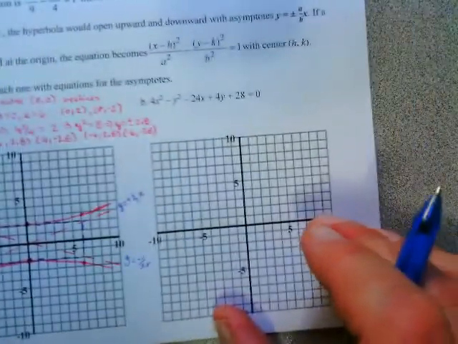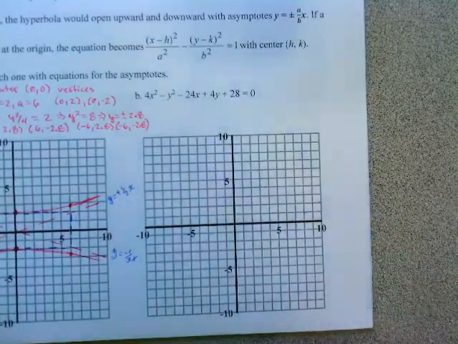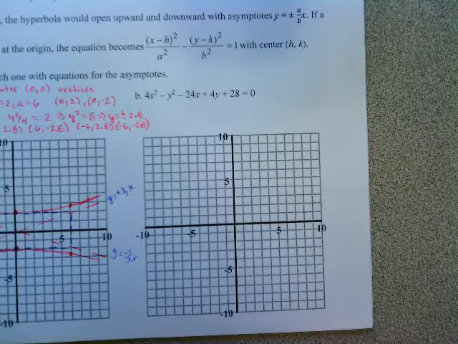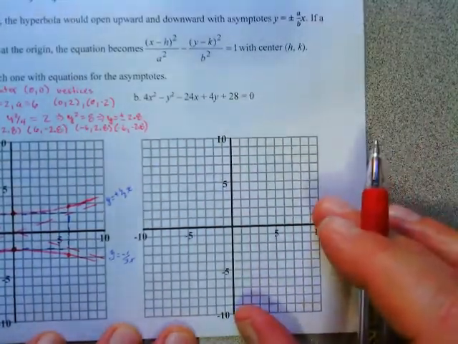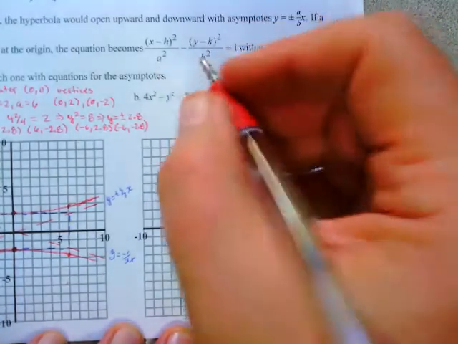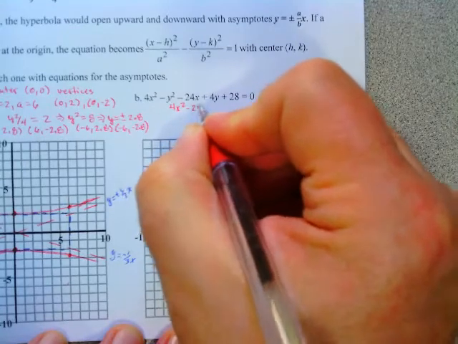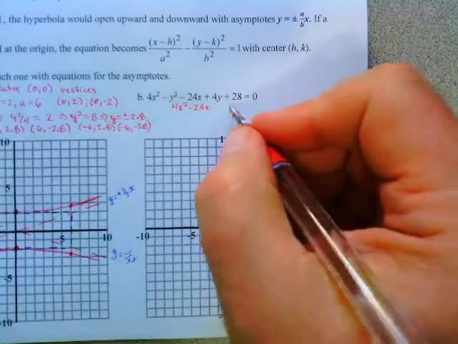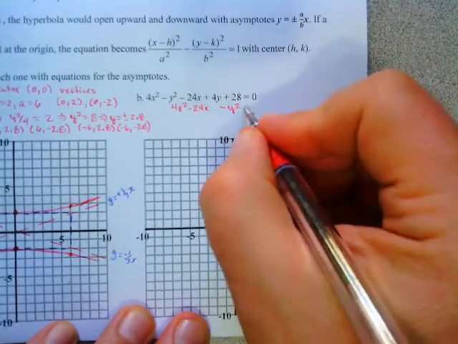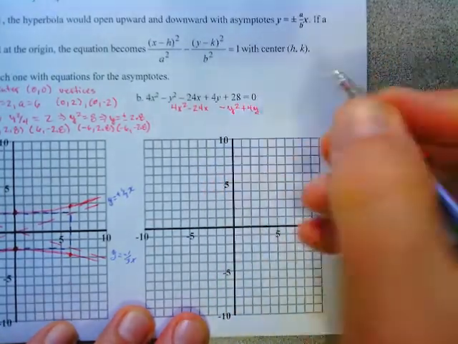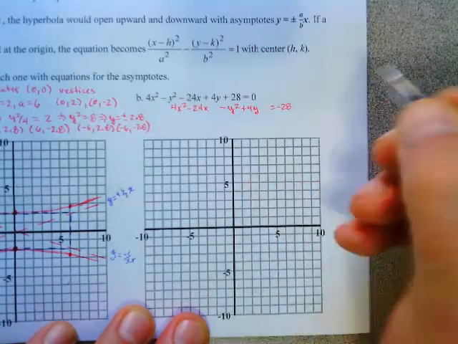Okay, let's look at B. Now this one, we're going to have to do some completing the square. First off, we've got 4x squared, subtract 24x, subtract y squared plus 4y, equals negative 28.